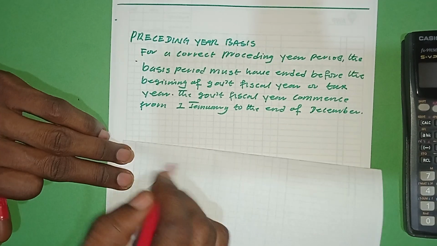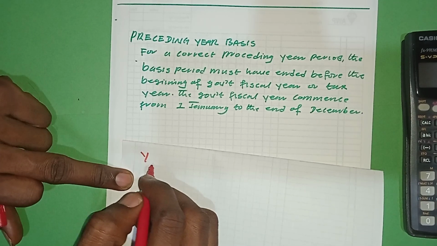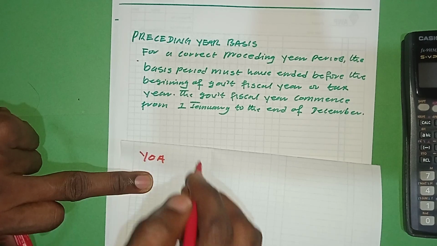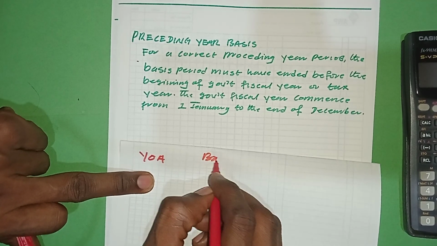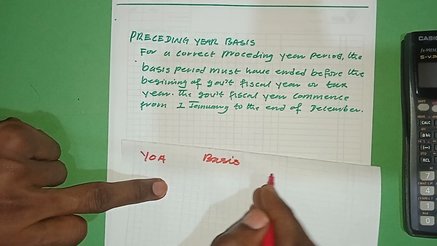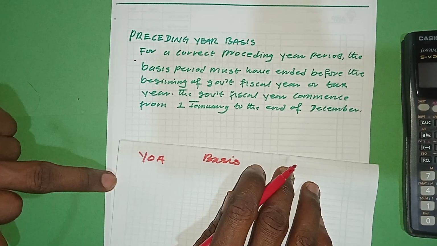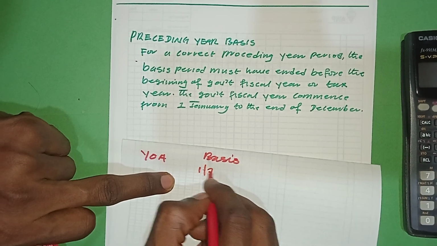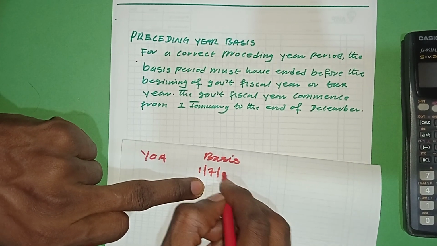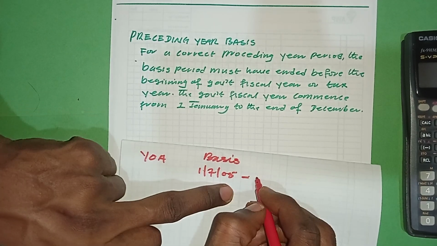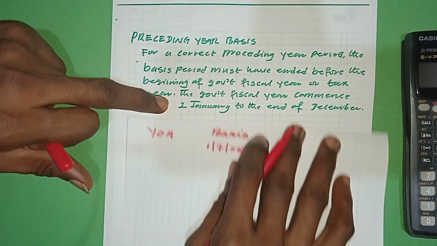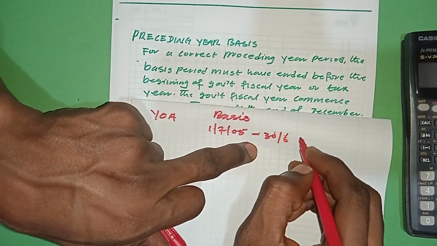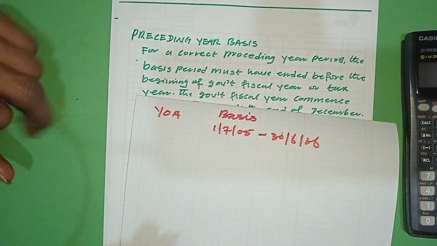Now, preceding year basis. This is the year of assessment, which is the government fiscal year. This is the basis period. Let's leave this for now. Now, 1st 7/05 to 30/6/06.